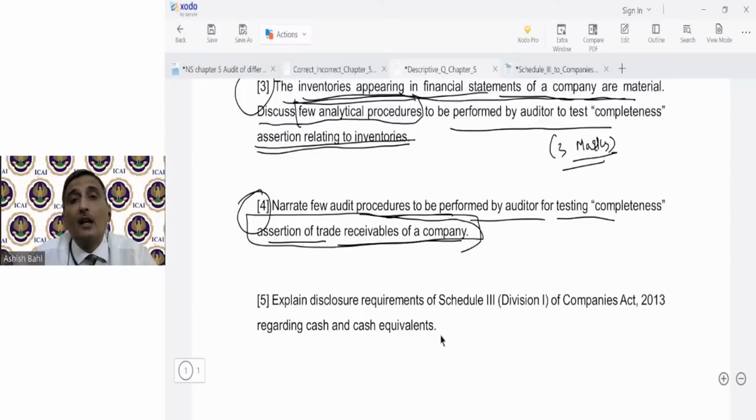So it would help him in gaining comfort that all the trade receivables which should have been recorded have been recorded.